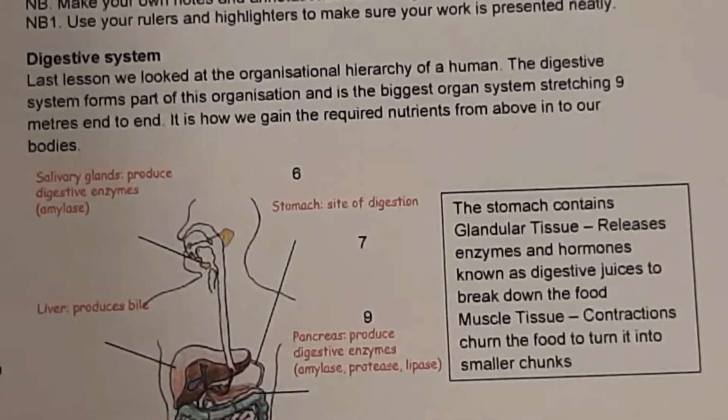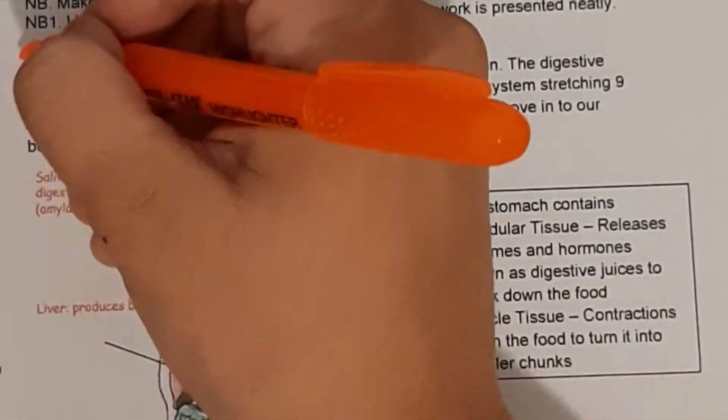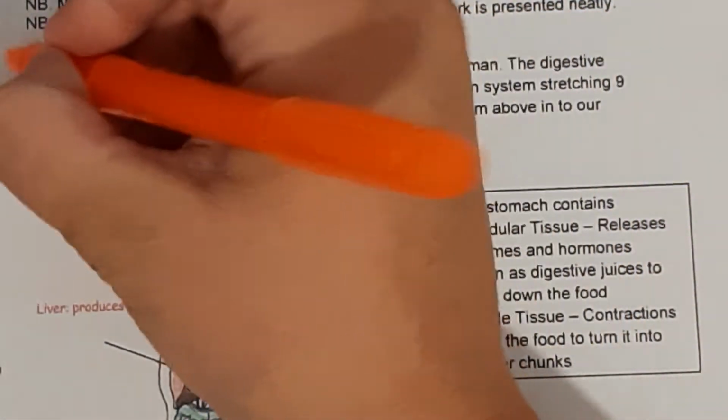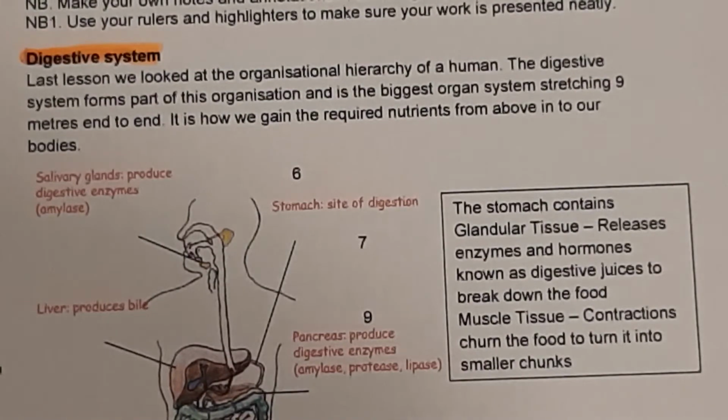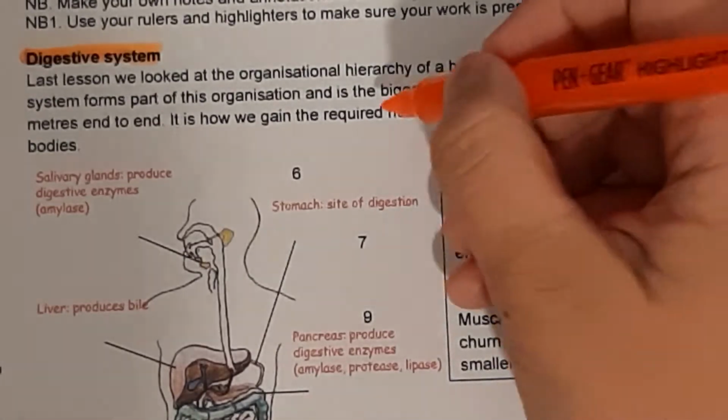So we're going to look at the digestive system now. So last lesson we looked at the organisational hierarchy of a human. If you can remember the sort of chart we did there with the arrows, so the organism at the top, the largest part of it, most complex, all the way down to the individual cells. Now the digestive system is part of this organisation and it's also the biggest organ system.